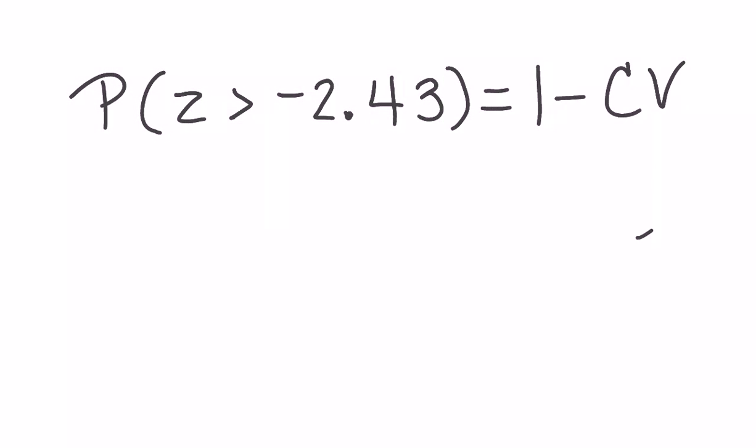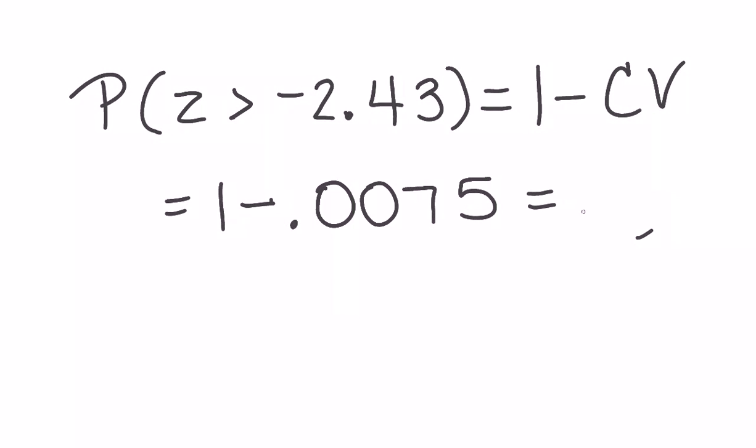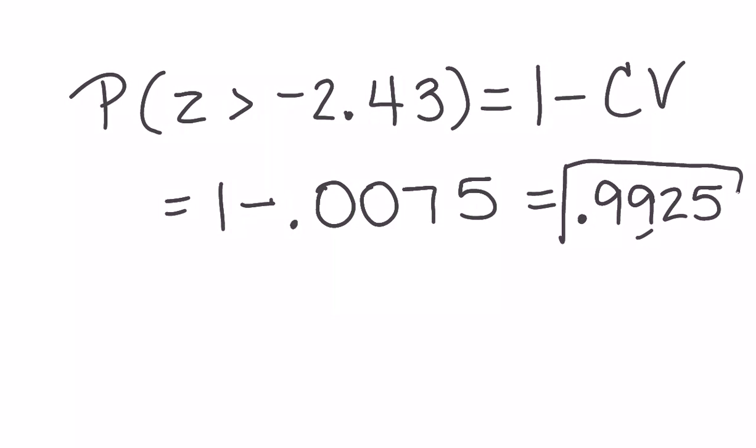So let's look up negative 2.43 on our chart. The chart value is 0.0075. So we're going to calculate 1 minus 0.0075. That answer should give you 0.9925. And this is your answer.